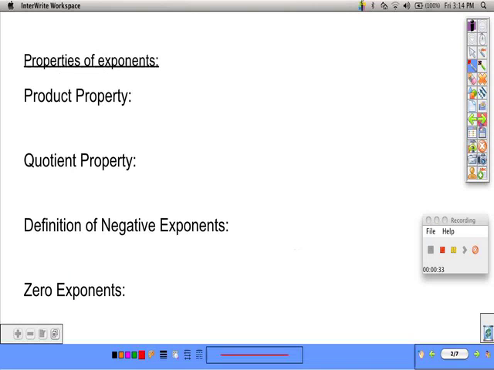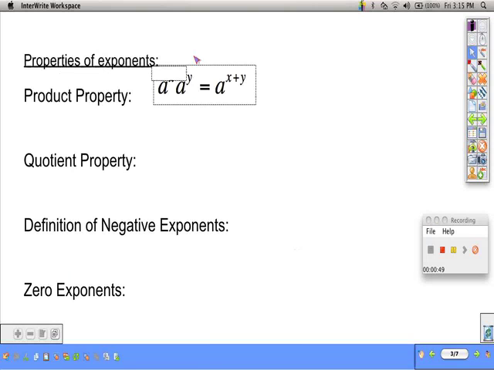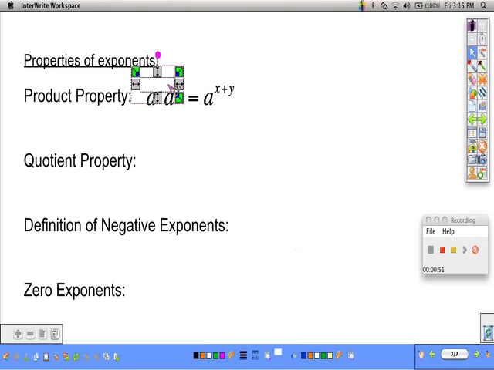And I'm going to look at this not from the investigation point of view, but more as just presenting the different properties and some examples of how to use them. The product property says this: when we have two powers multiplied together, same base, we can add the exponents.